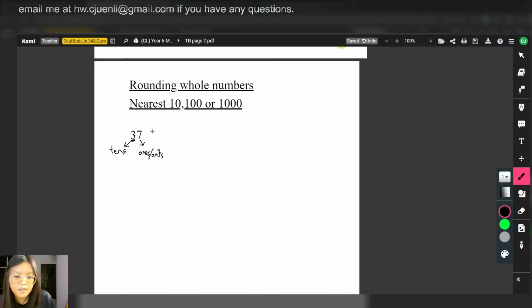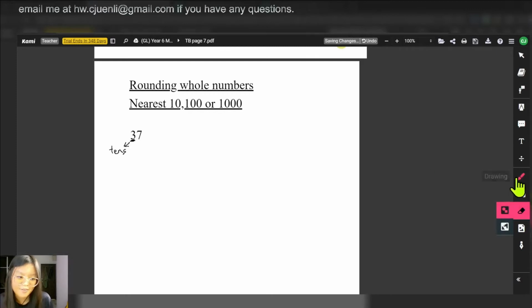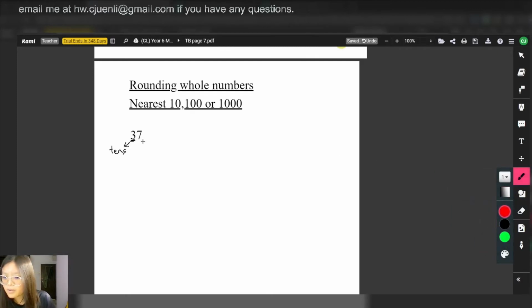3 tens over here. So let me just erase this because I'm going to be drawing a bit more arrows for you to see. So the number that is slightly smaller than 37 or 3 tens will be 30. And then the number that is slightly bigger would be 40.